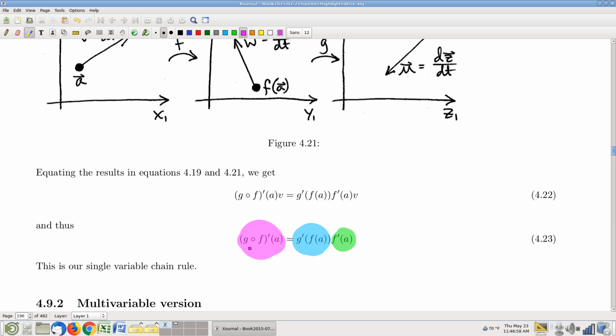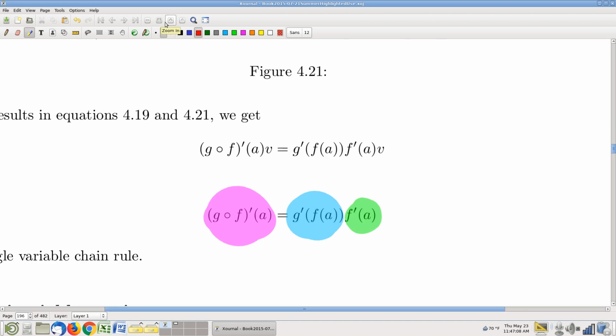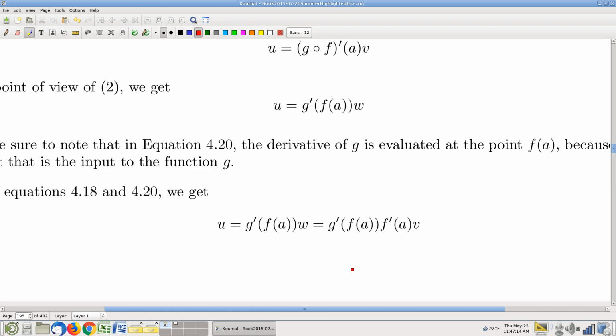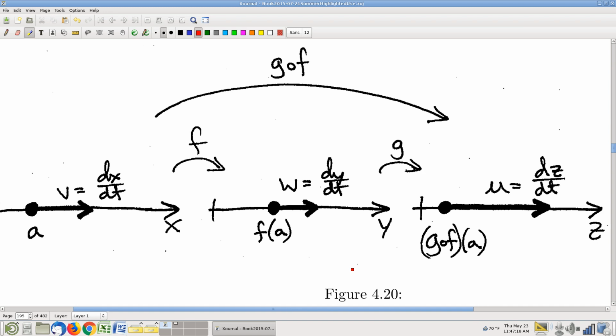Okay. Now, I do want to call your attention to one little detail before we make a multivariable version of this. Let's look at where these functions are evaluated. F prime is evaluated at A. Why A? Well, go to this picture.